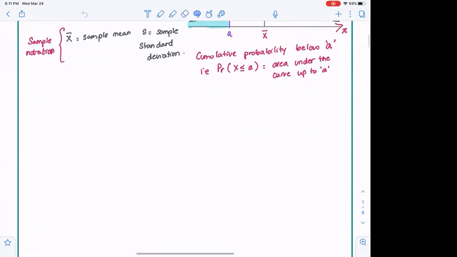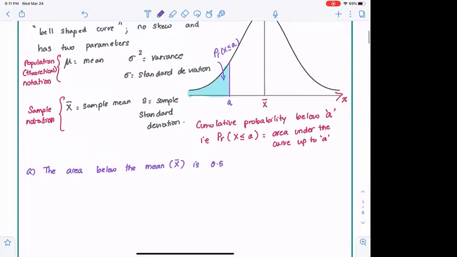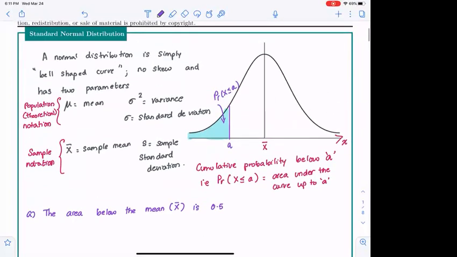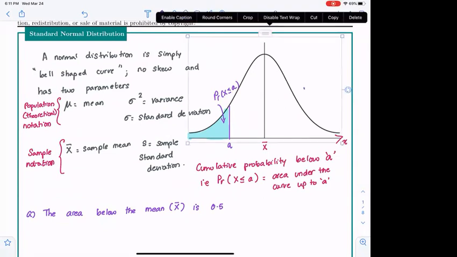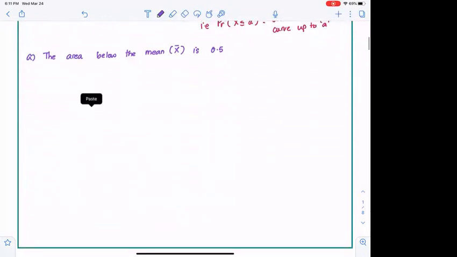I'll just write the properties. So the area below the mean is simply 0.5. So what do we mean by that? Here we have the middle line, which is x bar. The area below the mean is simply 0.5.